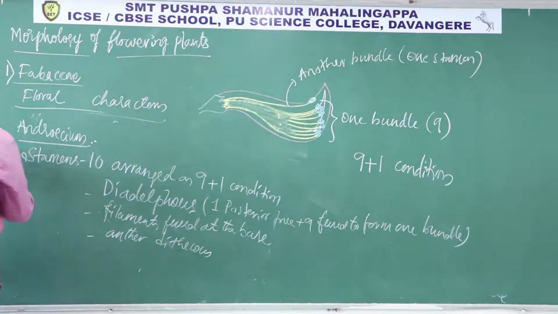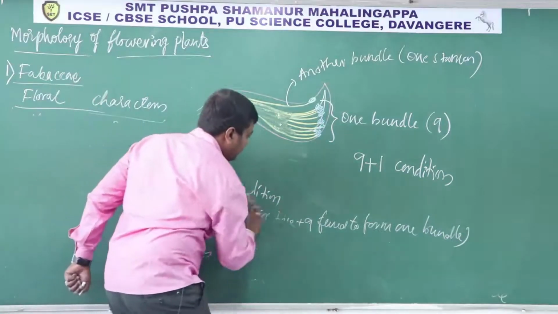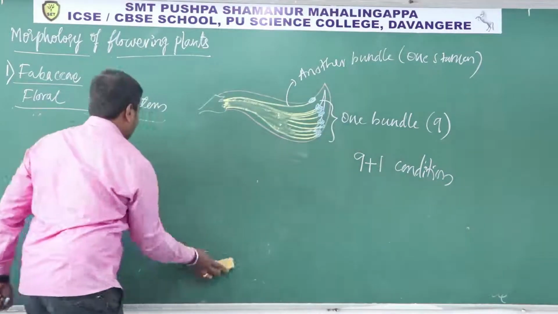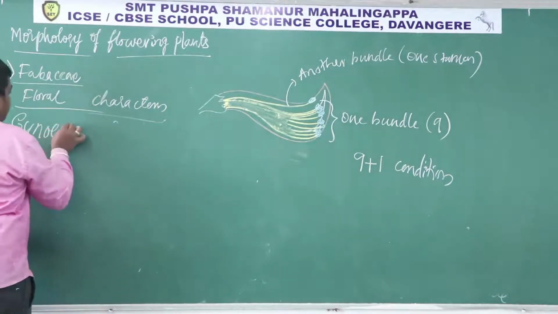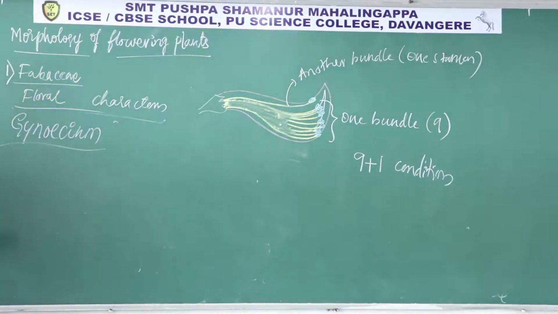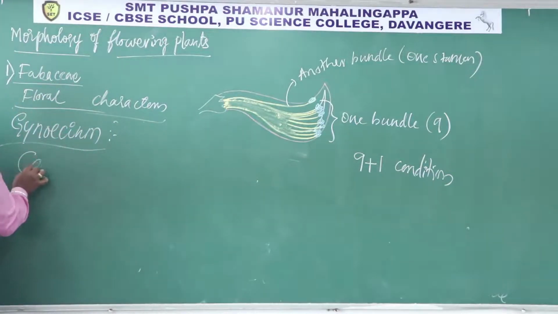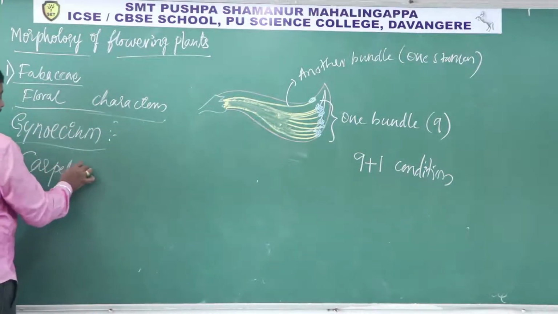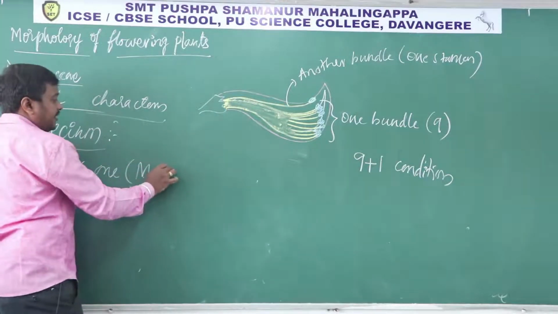Okay, next come to the gynoecium character. So next is the gynoecium character. In the gynoecium, the number of carpels is only 1, so it is called monocarpellary.